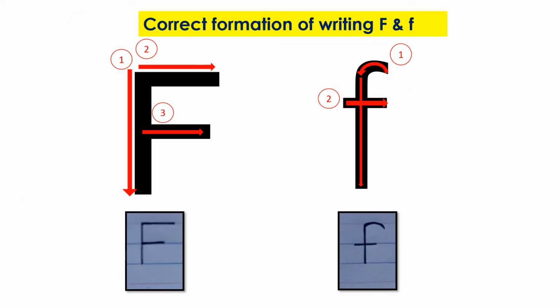Now this is the correct formation of writing capital F and simple F. And also you can see how we can write capital F and simple F in a double rule book.